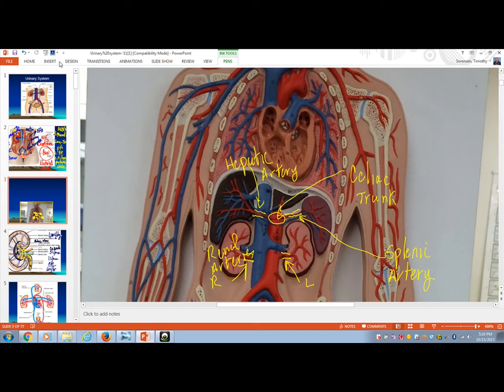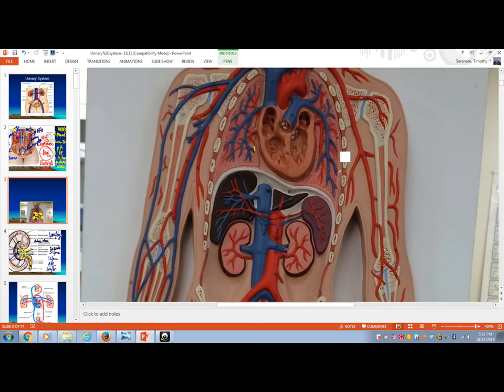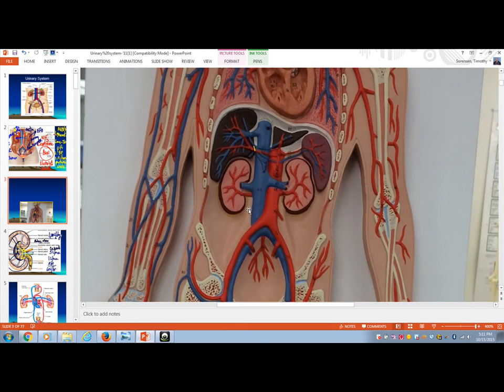And moving down a little farther, you see that the abdominal aorta then branches off, a little Y here.